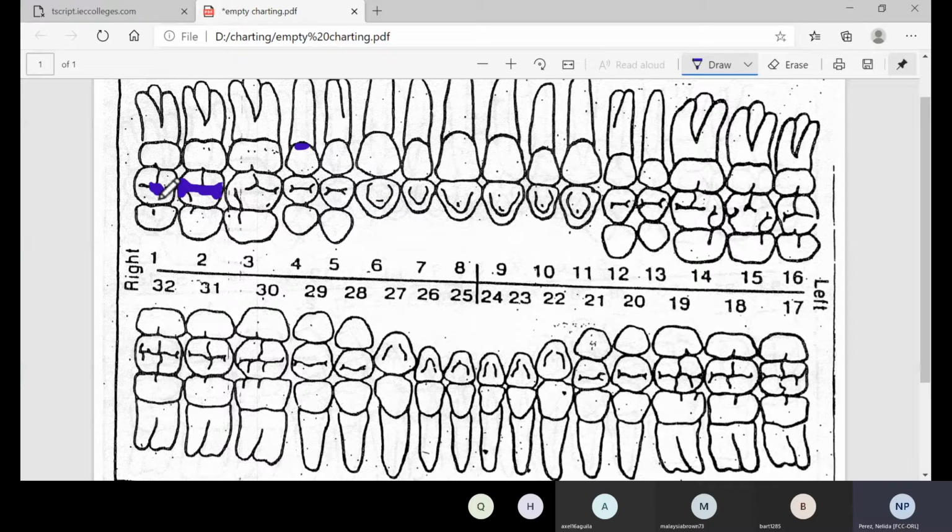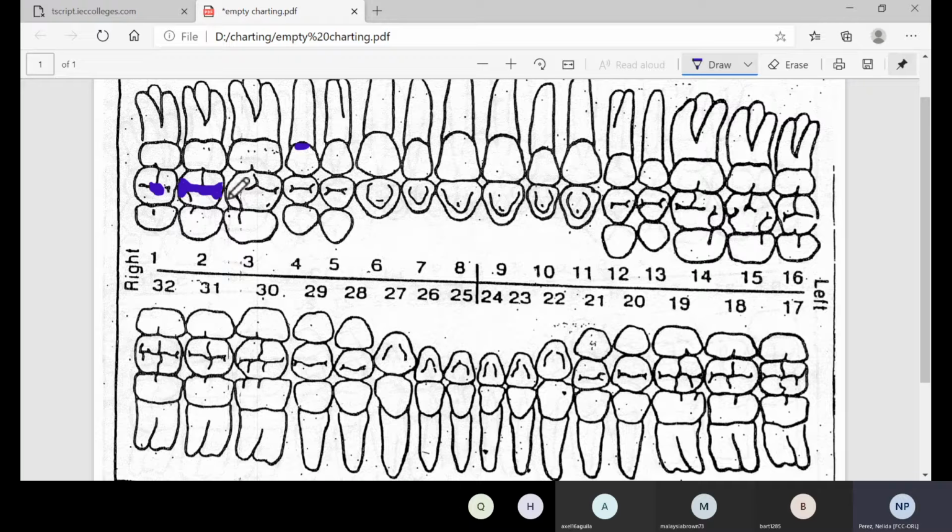Now the surface is occlusal. That surface is the biting surface. So O is occlusal. So this is an amalgam occlusal filling. You could write AM O for occlusal filling, FLG. Number 2, this is an MOD amalgam filling, mesial occlusal distal amalgam filling.